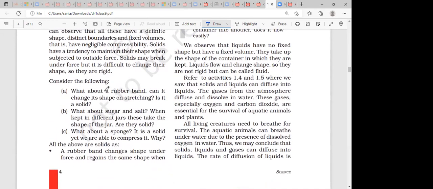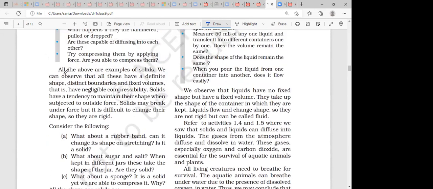You can see in all of the above examples of solids, we can observe that these have a definite shape. So basically, these are the characteristics: definite shape, distinct boundaries, fixed volume, and negligible compressibility. Compressibility is basically, for example, this is a piece of wood. If you put force over here, you can say it is negligible.